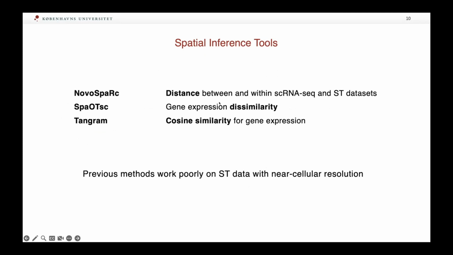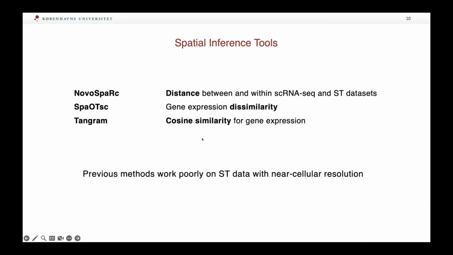So there are many based on distance or the similarity between single-cell RNA-seq data and ST datasets. These methods can work very well on small datasets like Segfish or Vism, using only a small number of genes to run their algorithm.